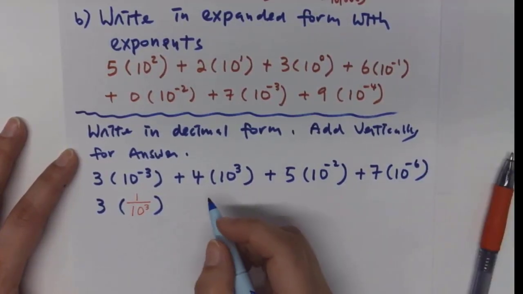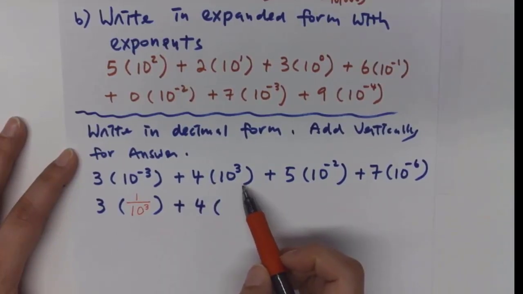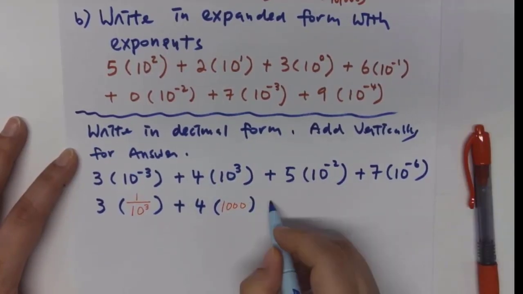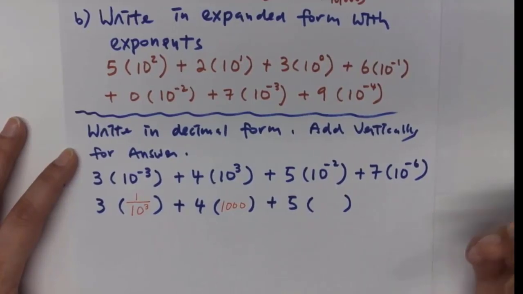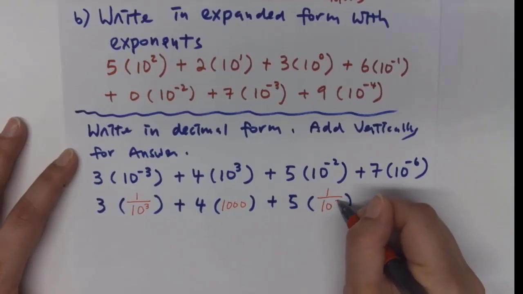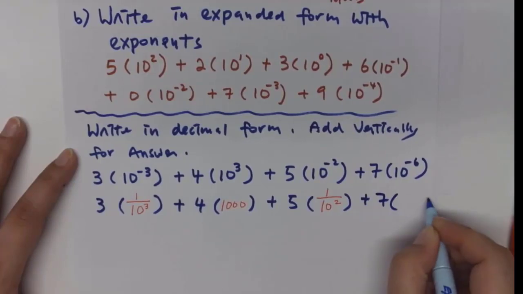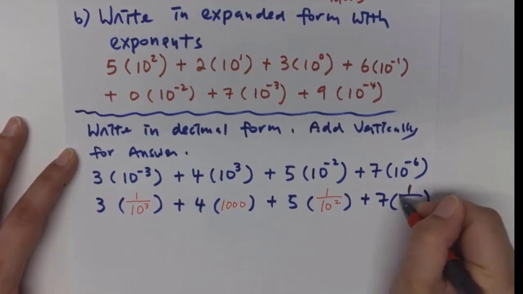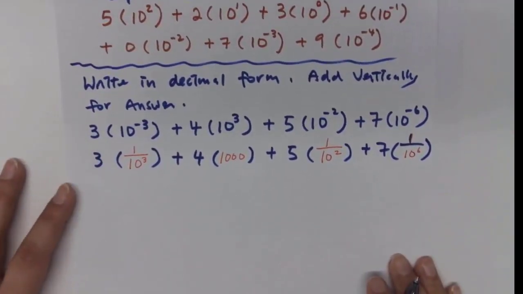And then the next one, this means how many zeros do we have? 3 zeros. 1, 2, 3, got it? For this one, I want to rewrite that as a positive exponent, so it would be 1 over 10 to the second power, and the last one would be 7, 1 over 10 to the 6th power. Just to rewrite that as positive, I just want to make sure you understand how this works.